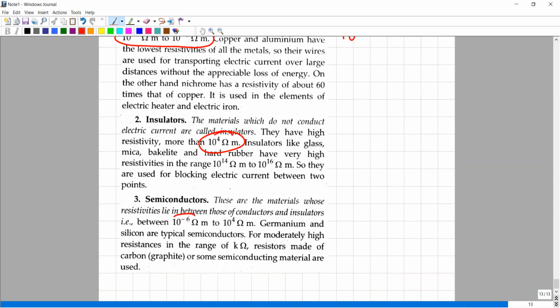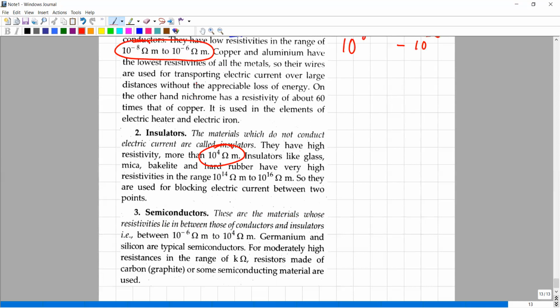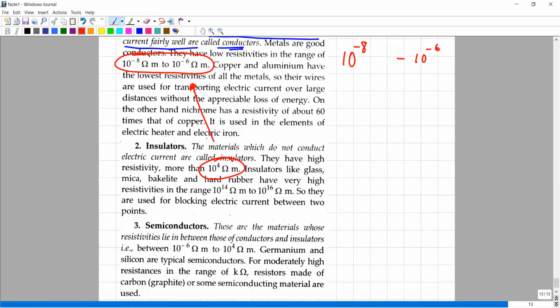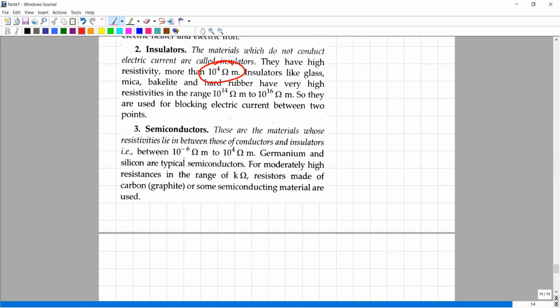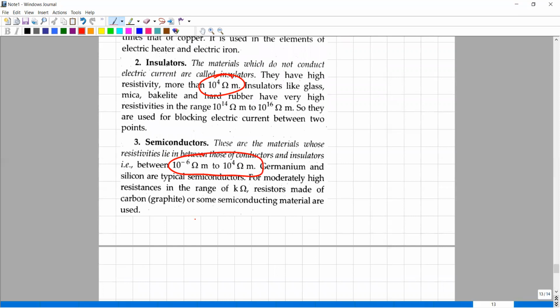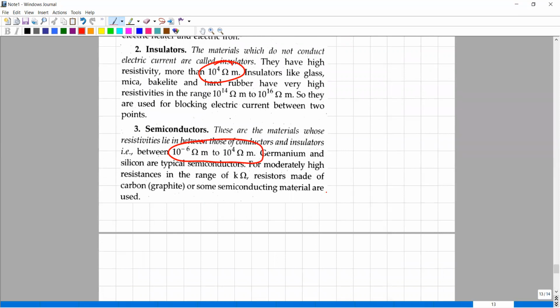Semiconductors are those whose resistivity lies between those of conductors and insulators. That means 10 raised to minus 6 to 10 raised to 4. You will learn more about semiconductors in the further syllabus.